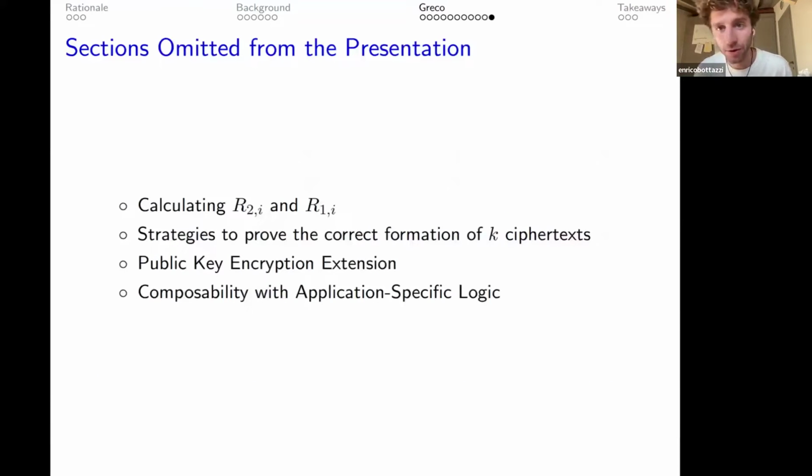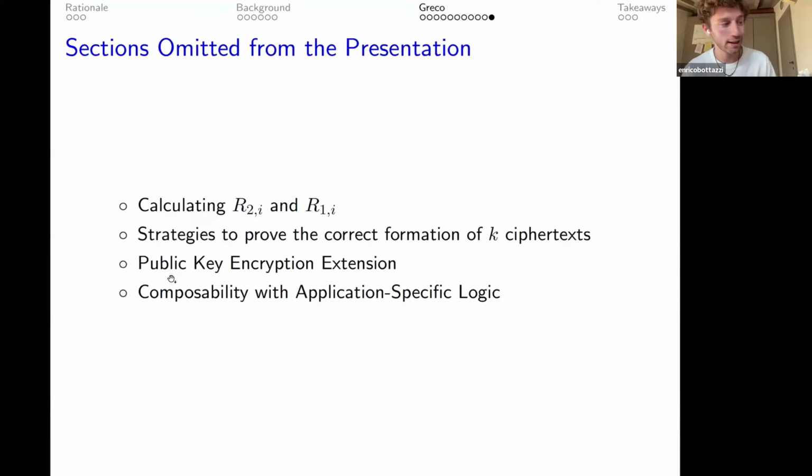And there are also some sections that I omitted from the presentation for the sake of time. This is how you can calculate this auxiliary polynomial that I completely glossed over. Also the strategies of how you can prove the correct formation of many ciphertexts, either sequentially in a single proof or in parallel.